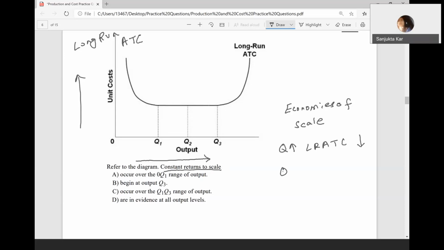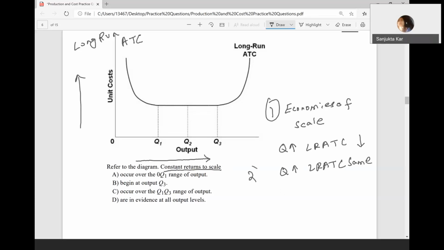Then we have, when output increases, the long run average total cost of production stays the same. The other concept, so this is the first one, which is economies of scale.